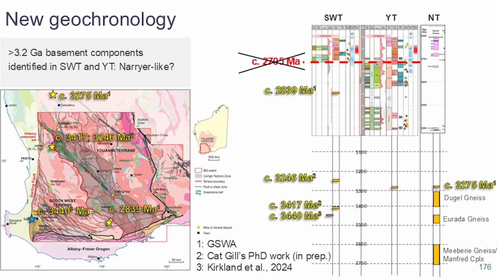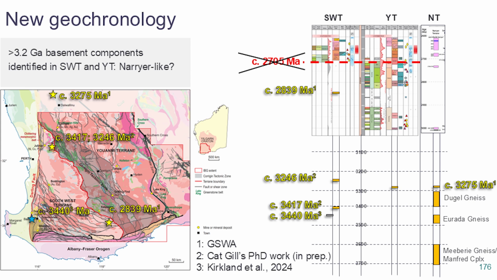And there's another study by Kirkland et al. where they found a xenocrystic zircon preserved in a Proterozoic dike, and the xenocrystic zircon returned a crystallization age of 3.44 Ga. So if we put that on this extended time-space plot, it looks like we've got much older rocks than previously thought in the southwest terrain.